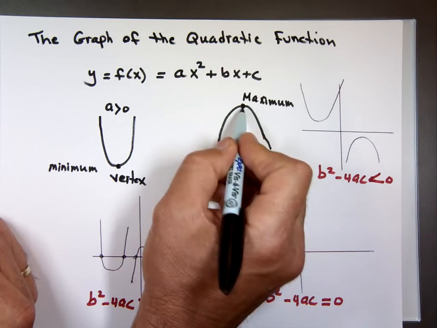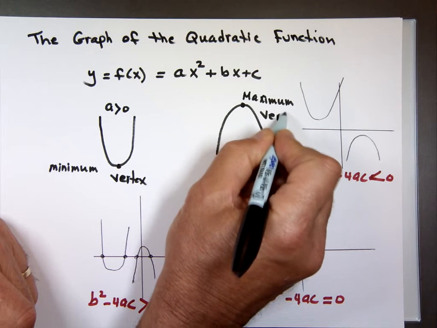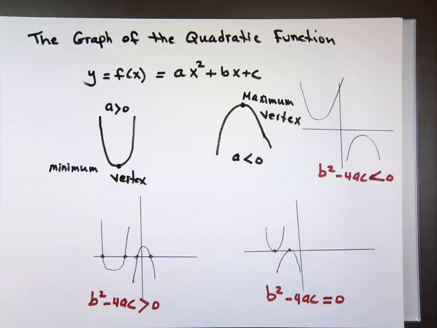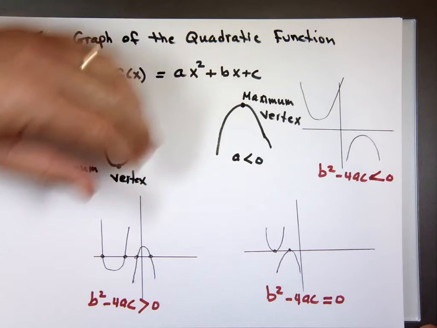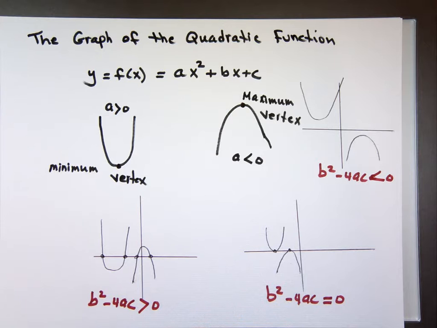So that's the vertex, where your minimum or maximum is. That's where they're going to be. And we can find where that point is. Your graph is always going to be symmetric, by the way. Once you know what the vertex is, you only have to graph half of it and flip it over. Here's the good news.